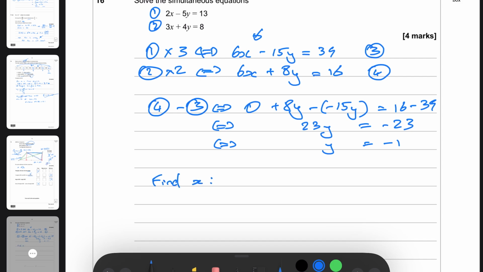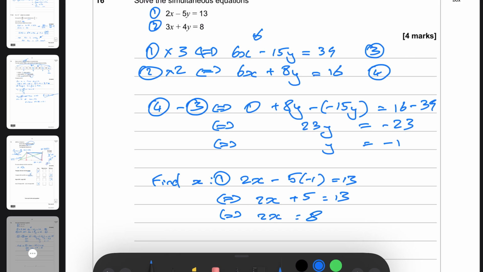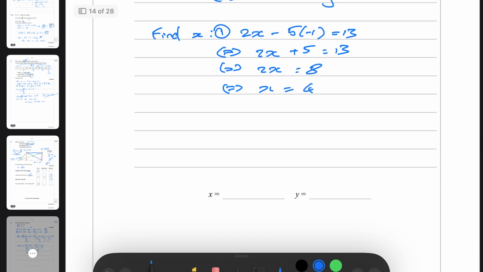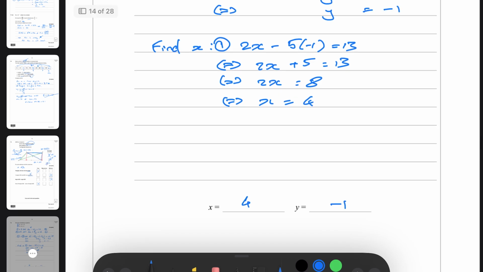We just use the first equation, 2x minus 5 times minus 1 equals 13, which gives me 2x plus 5 equals 13. So 13 minus 5 is going to give me 8, and in turn x equals 4. So it's this simple: x is 4 and y is minus 1.